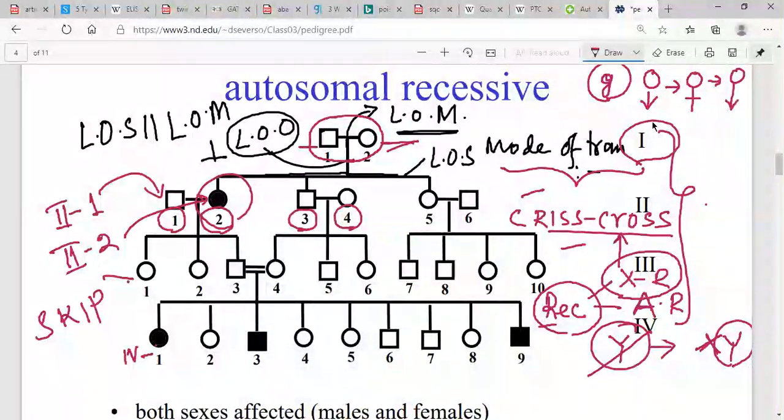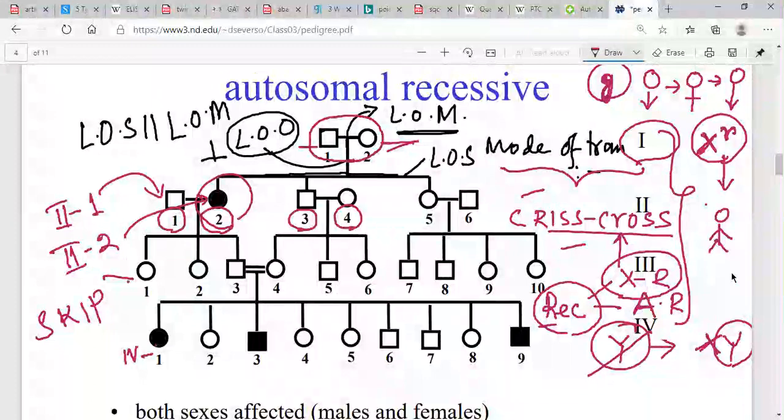What does it mean? It means you have a gene that is an X-linked recessive trait. Whenever it is expressed in the male, suppose this is the male child and its chromosome complement is XY, total 46 chromosomes.